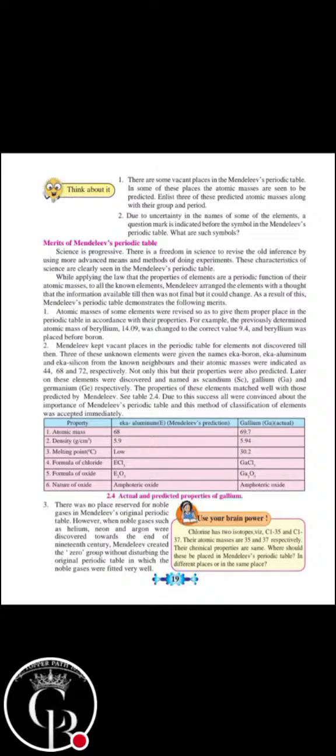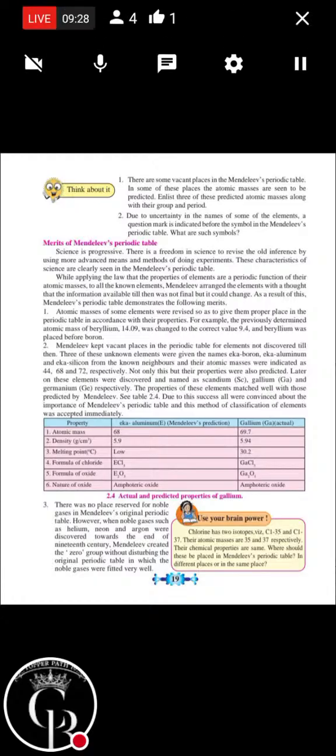Three of the unknown elements were given the names Eka-boron, Eka-aluminium and Eka-silicon from the known neighbors, and their atomic masses were indicated as 44, 68, and 72 respectively. Their properties were also predicted.